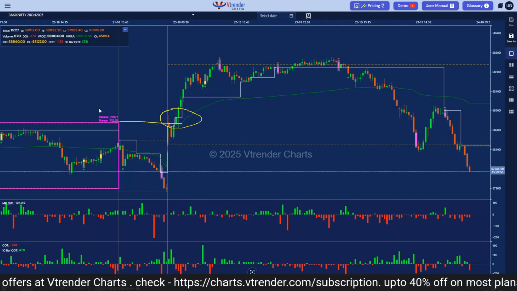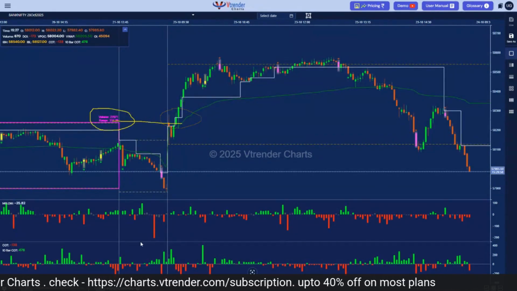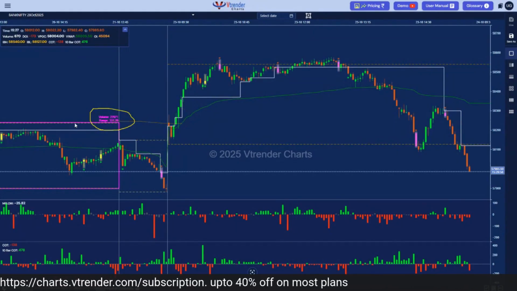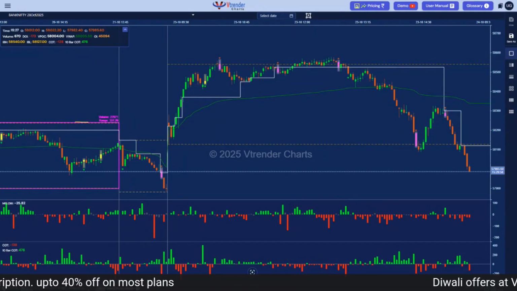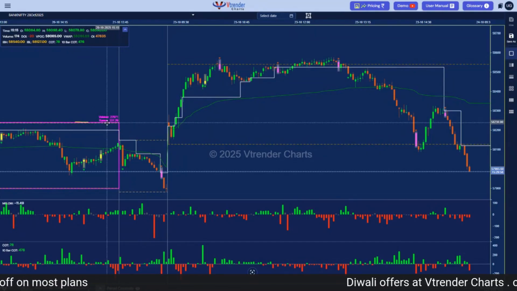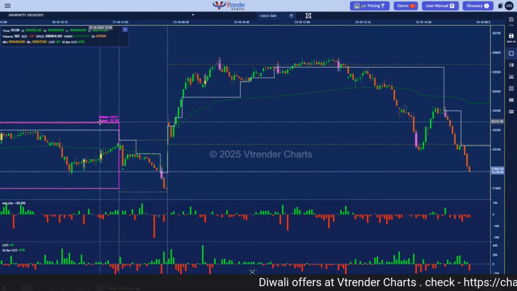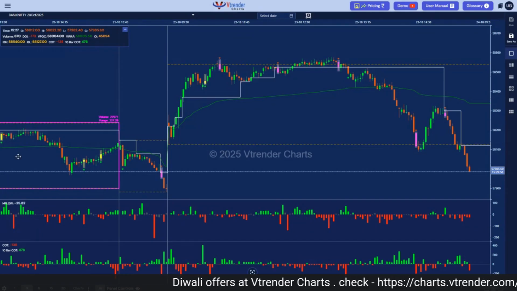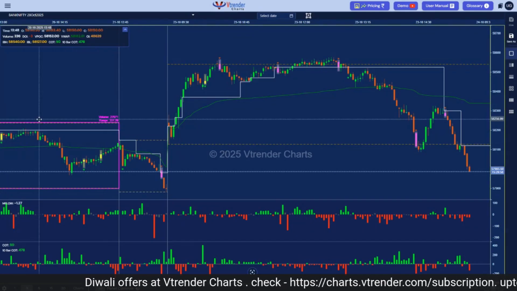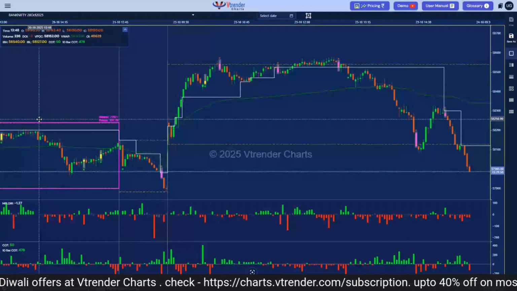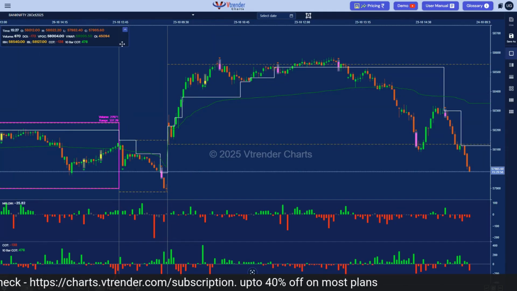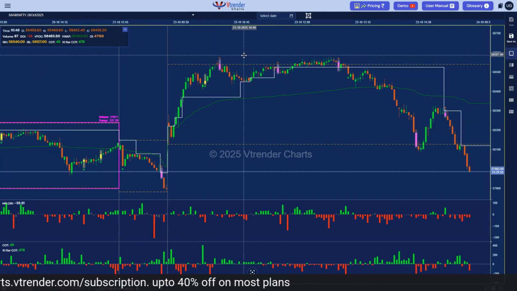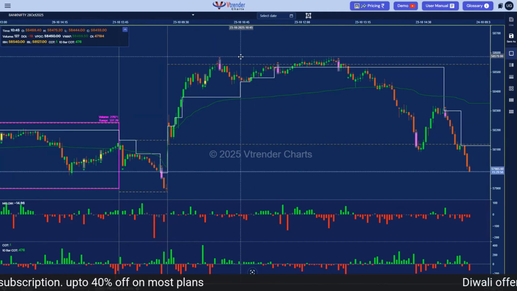So you can see the range is 337 points, and this is roughly around 58240. So 58240 plus 337 is 58577, and today's high is exactly around the same level.